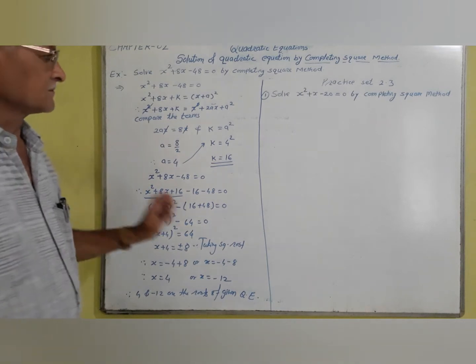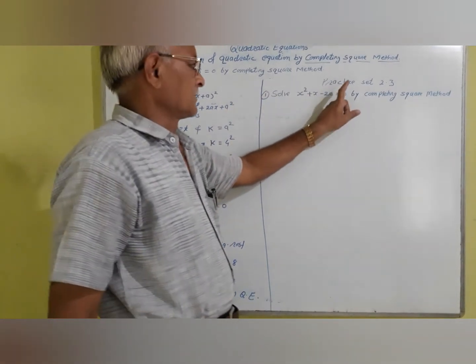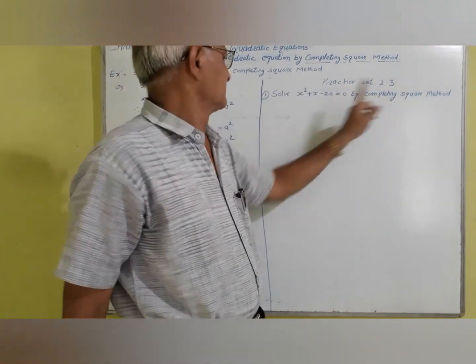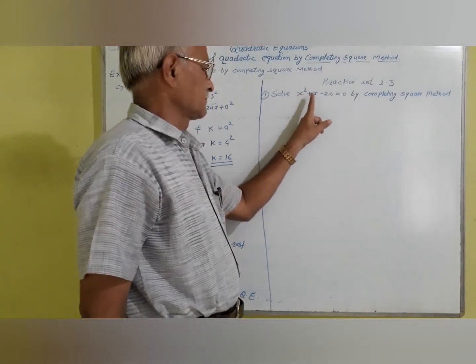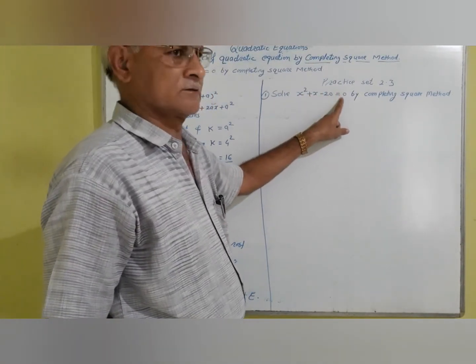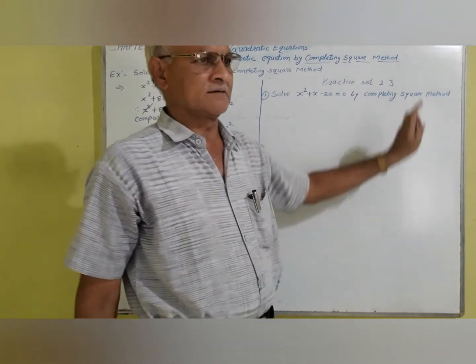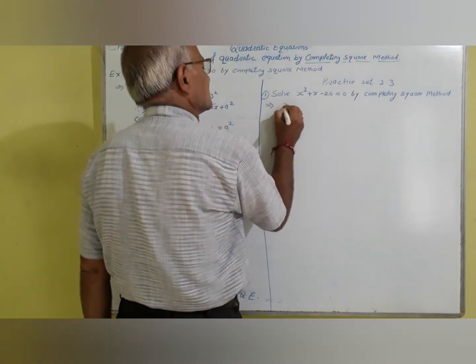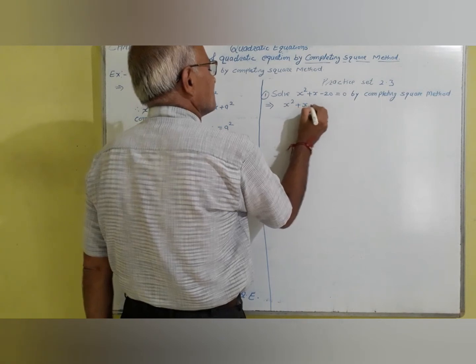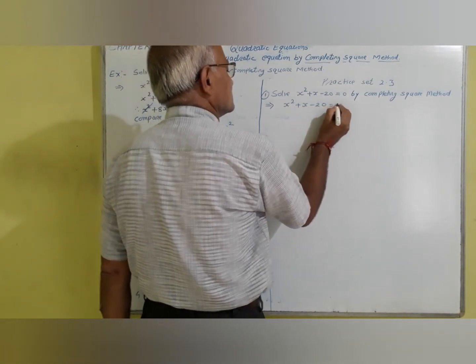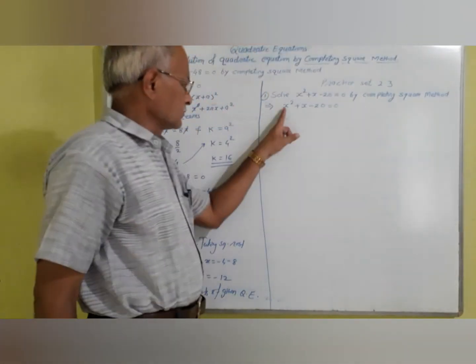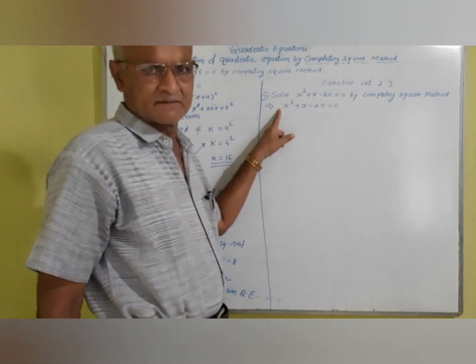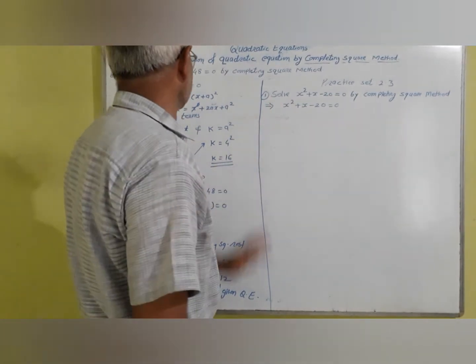Is it clear? Now we see the practice set 2.3. First example, x square plus x minus 20 is equal to 0 by completing square method. So for that, first of all we write the given equation x square plus x minus 20 is equal to 0. Here the coefficient of x square is 1 and therefore it remains as it is.